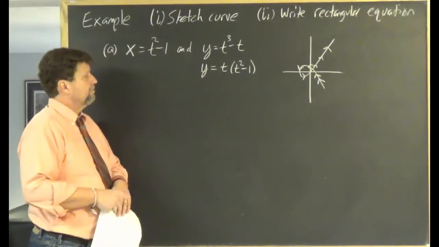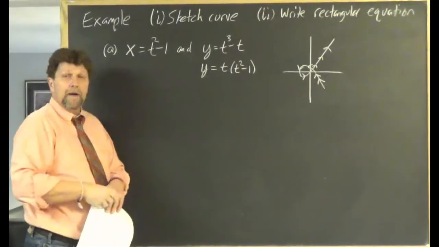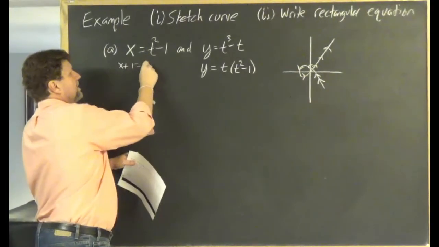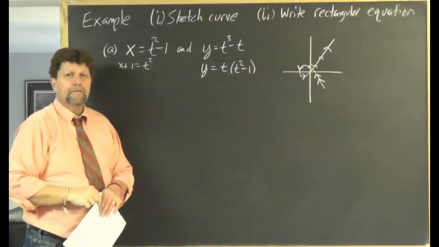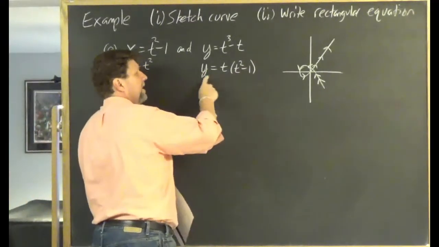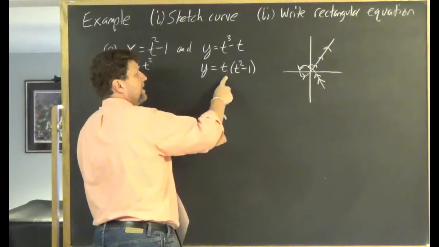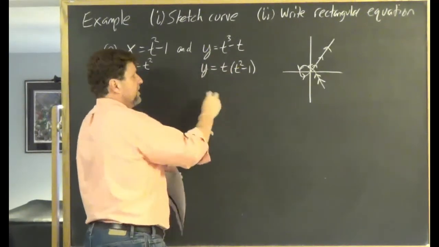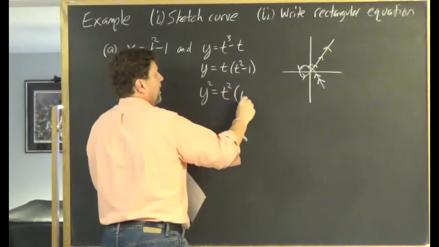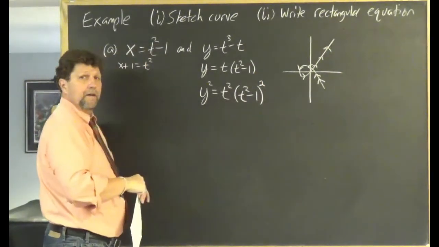So, if we know x is t squared minus 1, don't we also know that x plus 1 is t squared? So if I look at this piece of my parametric equations, factoring out the t, if I square both sides, I get y squared equals t squared times t squared minus 1 quantity squared.